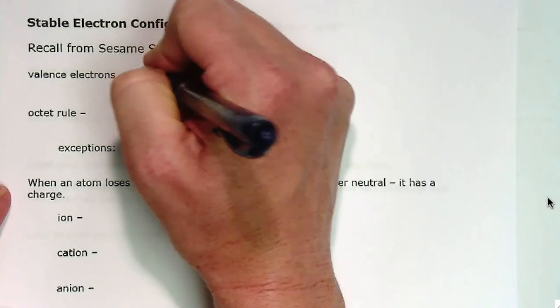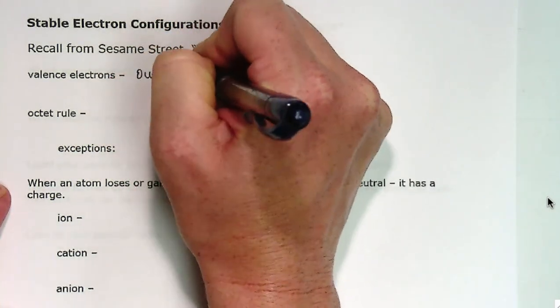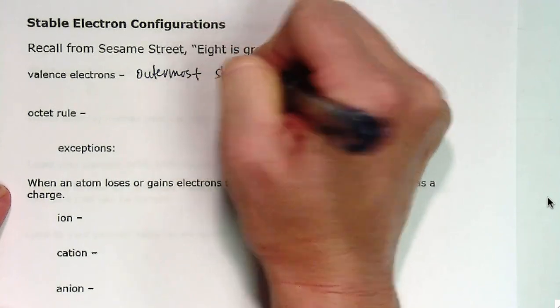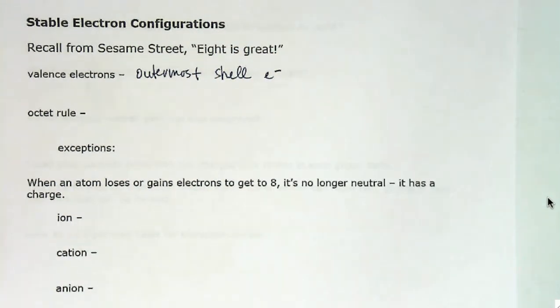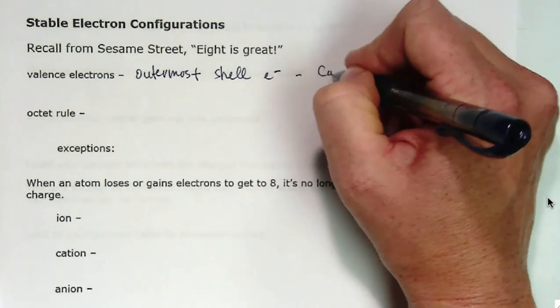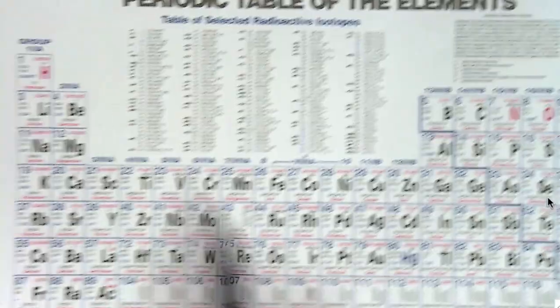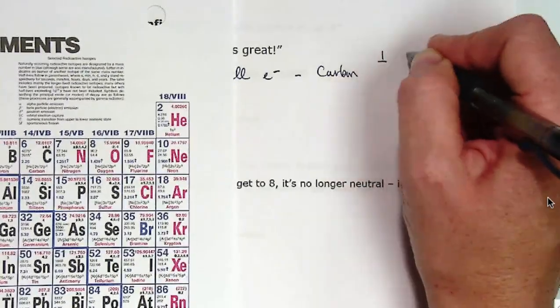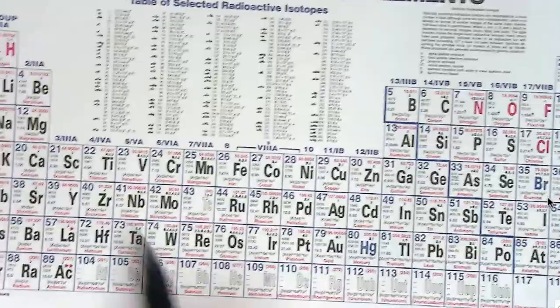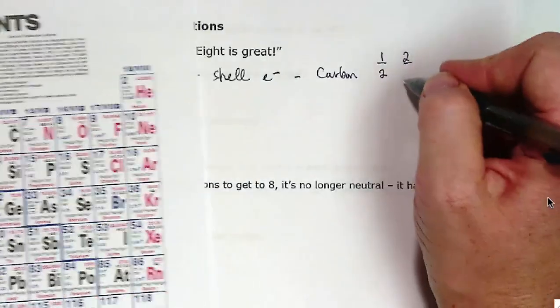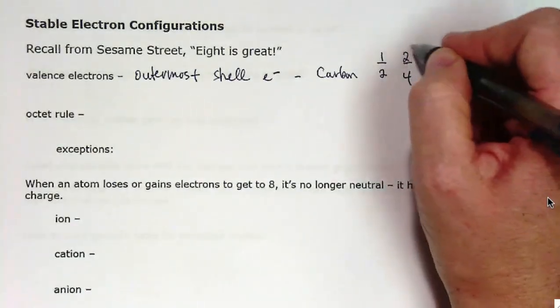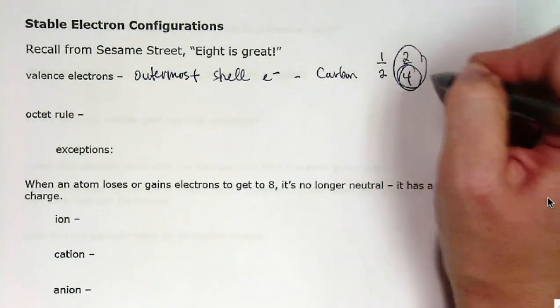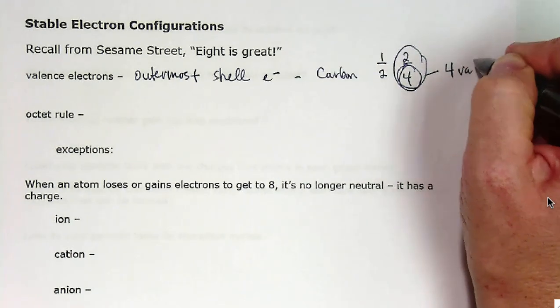Valence electrons are the outermost shell electrons in an element. So let's look at carbon. In shell 1, carbon has 2 electrons. In shell 2, carbon has 1, 2, 3, 4. So the number of valence electrons in carbon is 4.